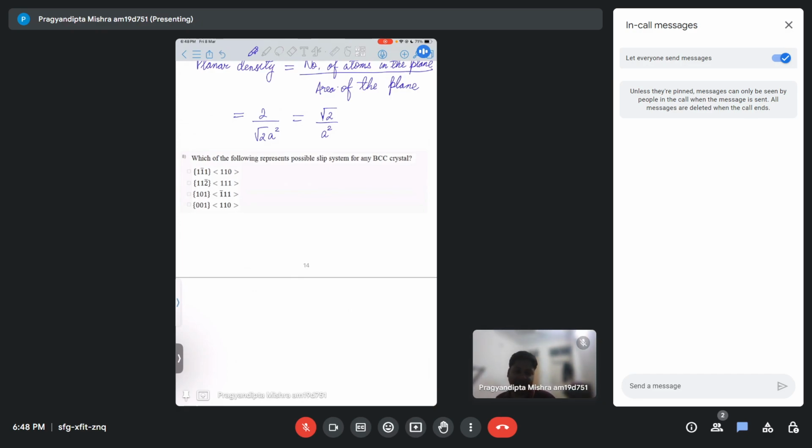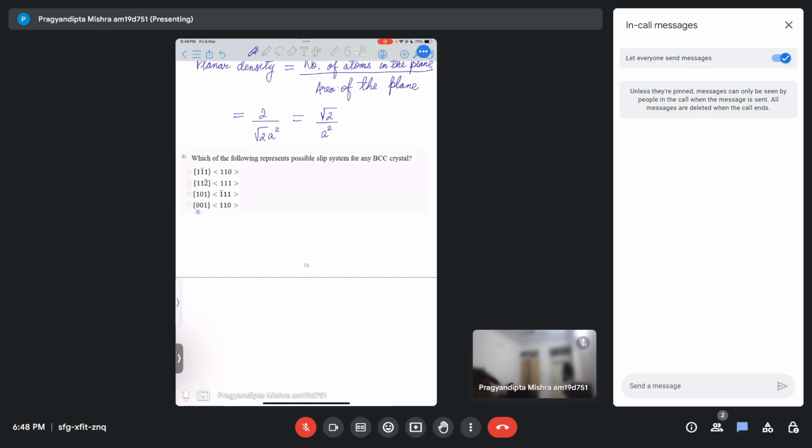We just have to do dot product, right? As I have talked about, the slip plane and slip direction dot product should be 0, right? So if slip plane and slip direction dot product is 0, then that is one condition that it should satisfy. So here we can see slip plane and slip direction for each case.